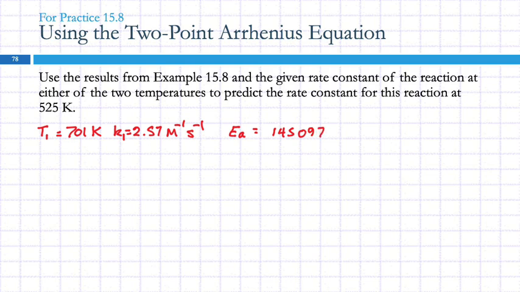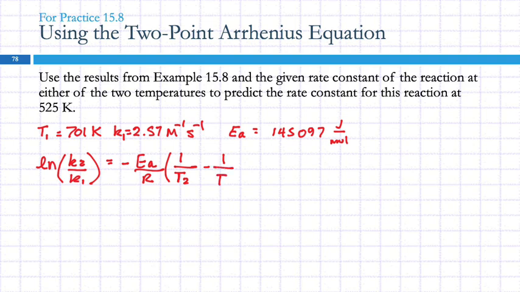I would round to that, so that I don't end up with any rounding errors. Natural log of K2 over K1 equals negative EA over R times 1 over T2 minus 1 over T1.